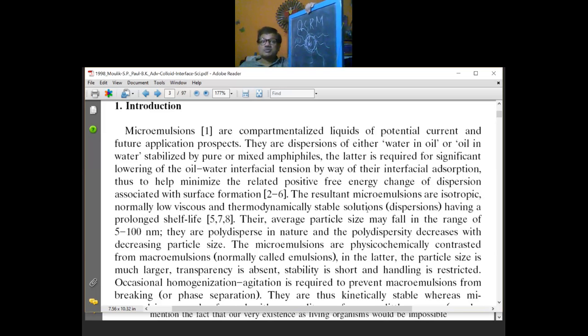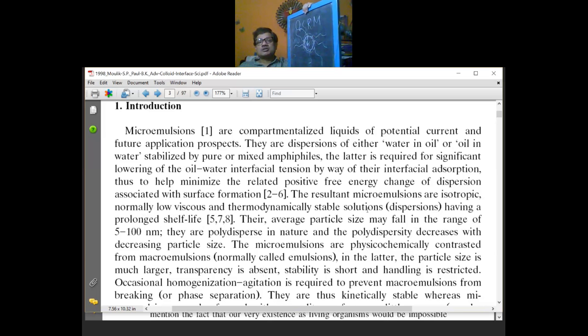And what is the definition of an emulsion? An emulsion is a dispersion of two immiscible liquids. Say water dispersed in oil, or vice versa, oil dispersed in water.